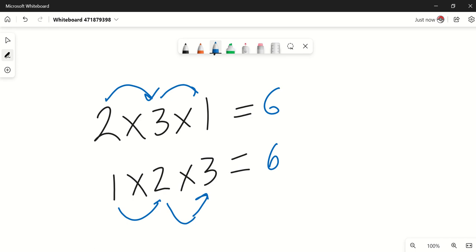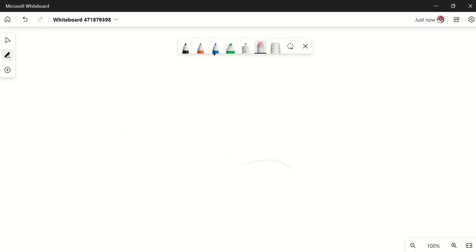And I can even go a step further and say 3 times 2 times 1, and this will still be 6. 3 times 2 is 6, times 1 is still 6, and I will get the exact same answer regardless. The same thing can happen with addition. It doesn't matter what the order is that you add, it will all still be the same outcome.